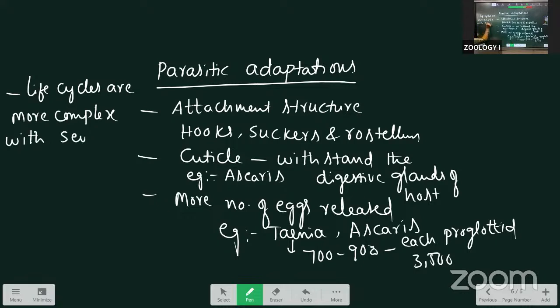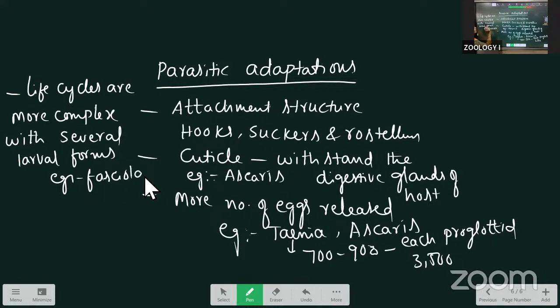A number of larval forms are present. For example, Fasciola has 6 to 7 larval forms, which is why its life cycle is complex.